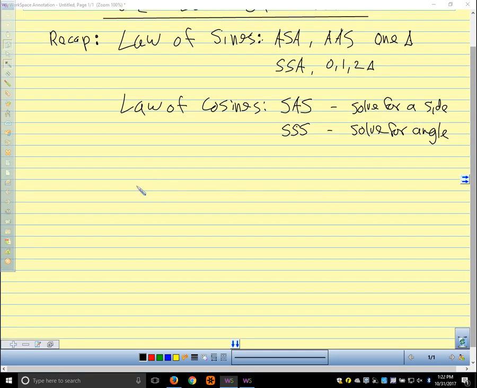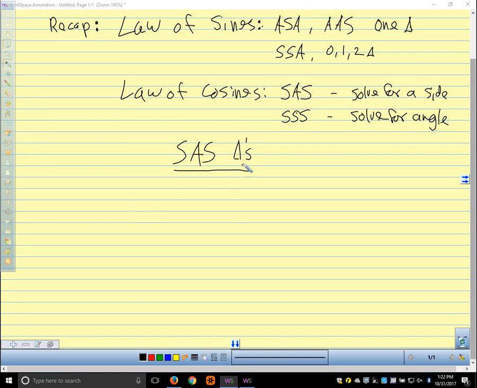All right, for side, angle, side triangles, law of cosines, I'm going to write 3 different equations. It's really one equation with the letters rearranged. For side, angle, side triangles, we use that to solve for a side. We get a squared equals b squared plus c squared minus 2bc cosine a.